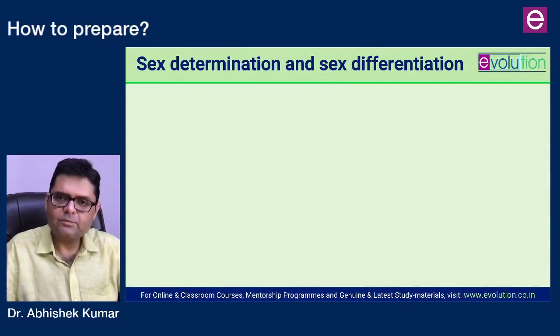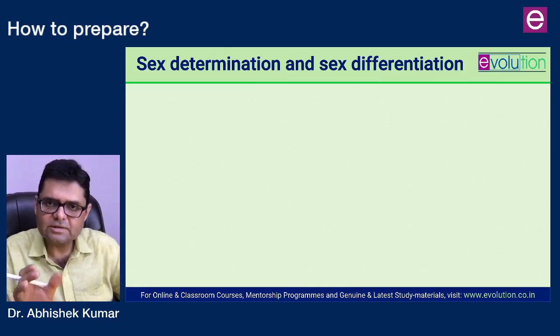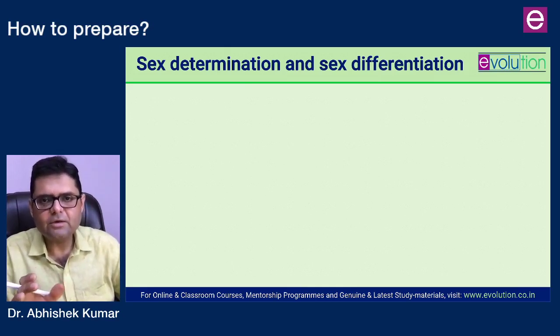After this, we come to sex determination related topics. So first start with the mechanisms of sex determination, and you have to understand that the majority of the studies on sex determination have been done on animal species.